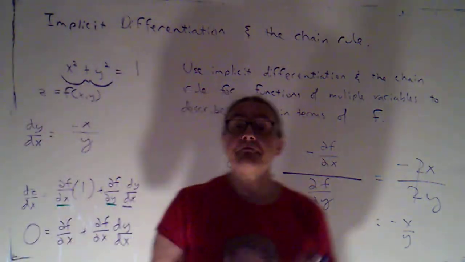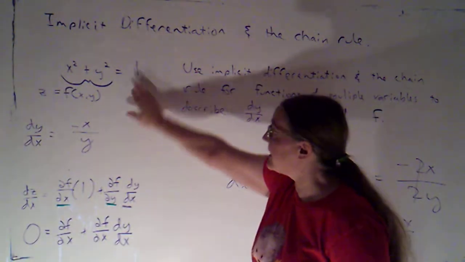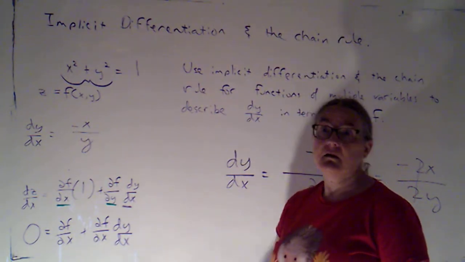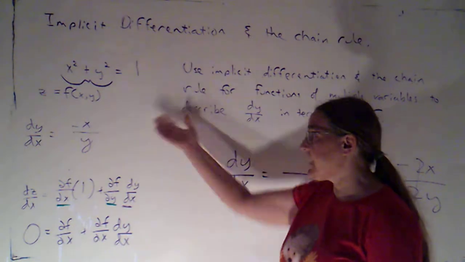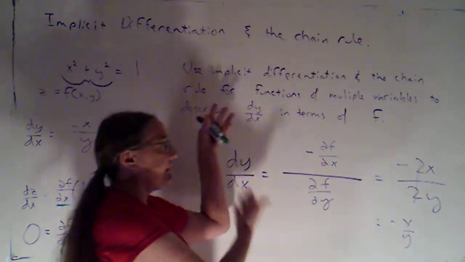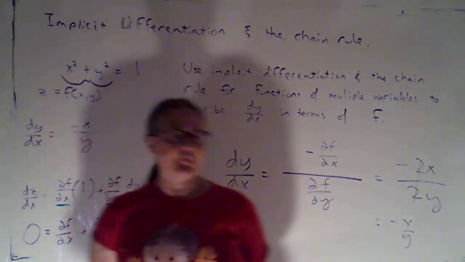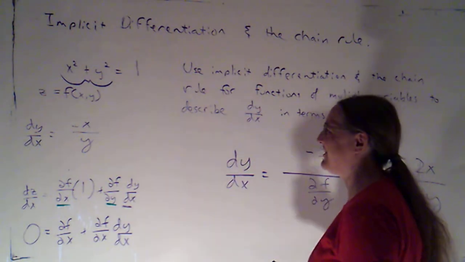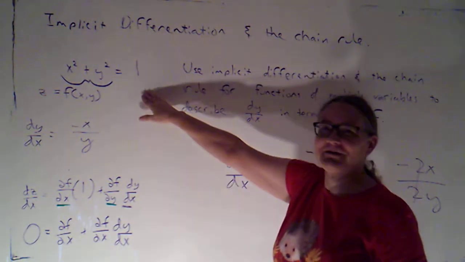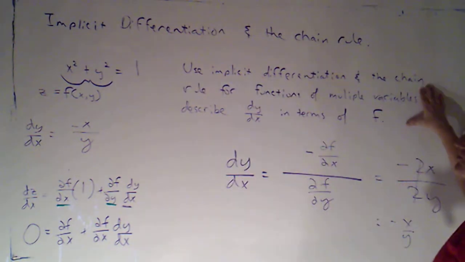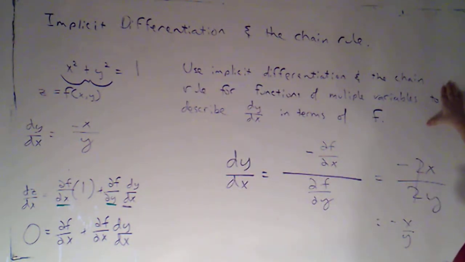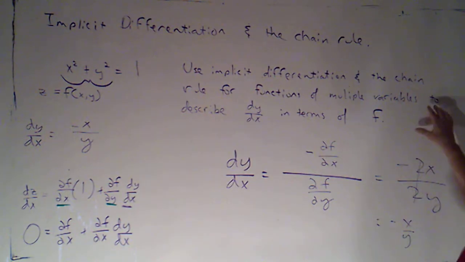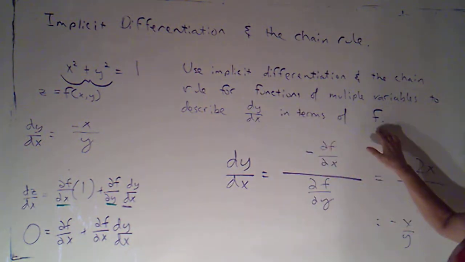Now, if I were to give you something like this and say, use implicit differentiation to find dy by dx, well, you could do that the 3a way, or you could do that the 3c way. Okay? I probably wouldn't give you a question like this and just say use implicit differentiation.